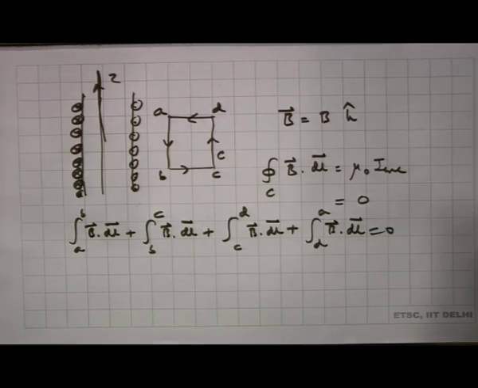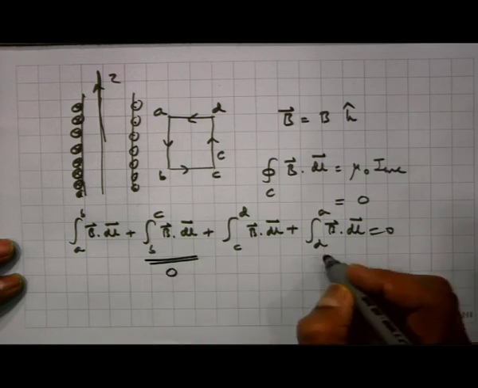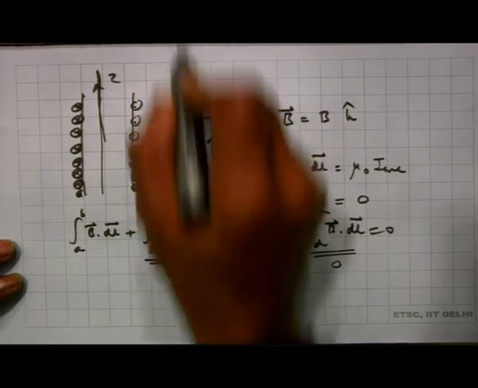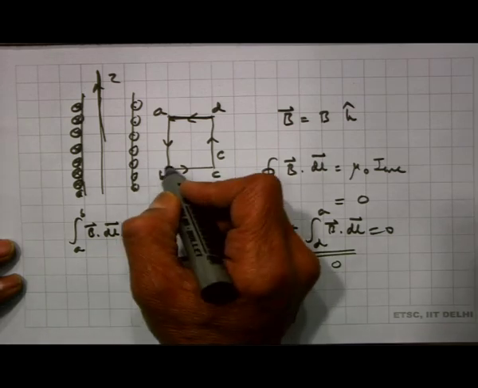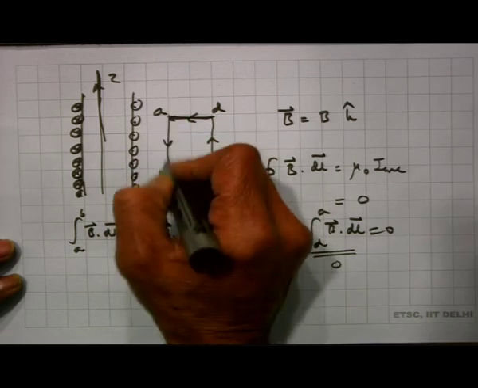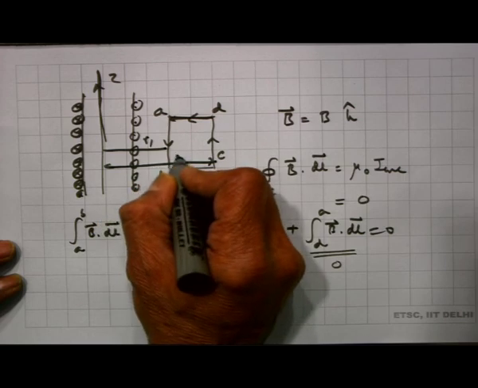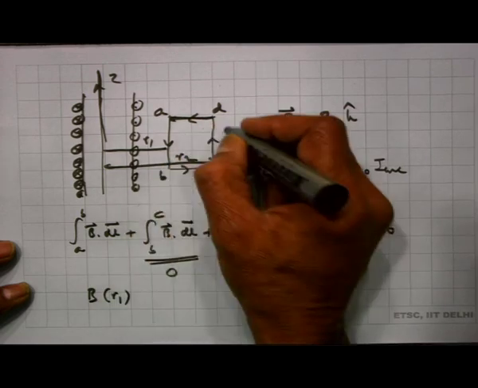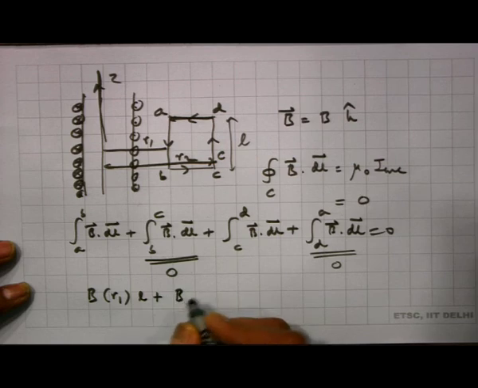Now, because the magnetic field has only a z component, the integral from b to c must be 0 and the integral from d to a must be 0, because the path of integration is like this and the magnetic field can only have a z component. So, these two integrals are 0, and the magnetic field does not depend on the position along z at all. If I call this R1 and this R2, the first integral gives B at R1 times L, if this length is L, plus B at R2.